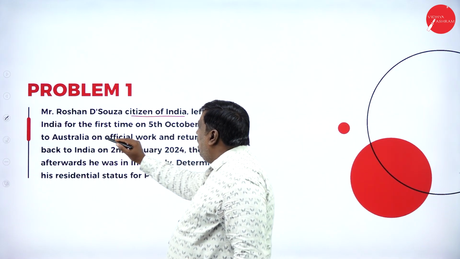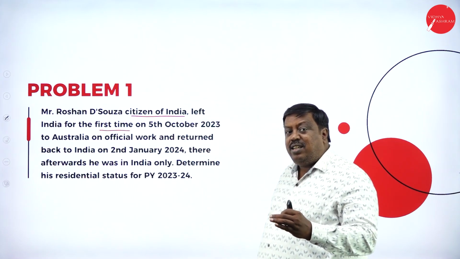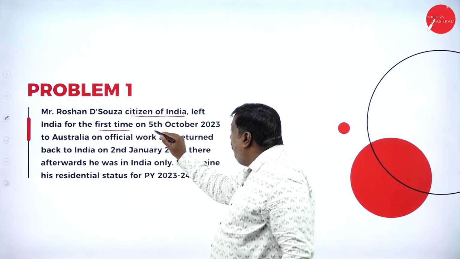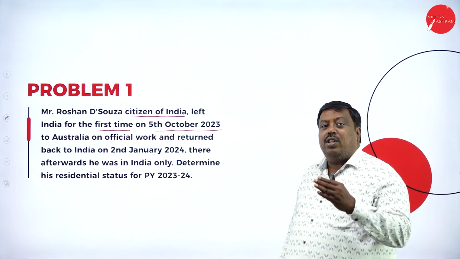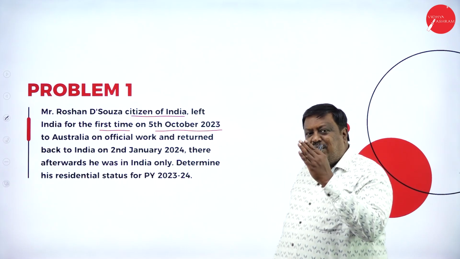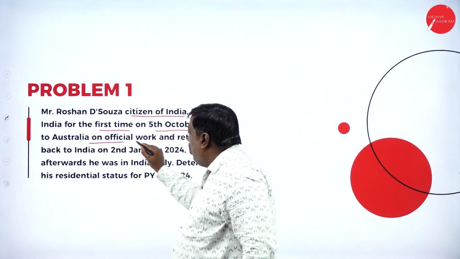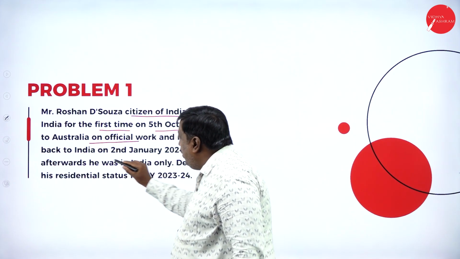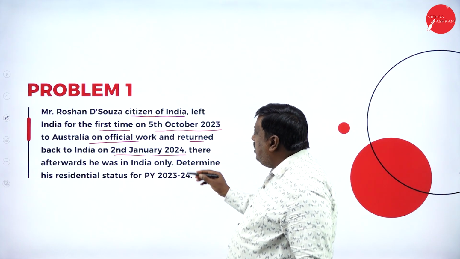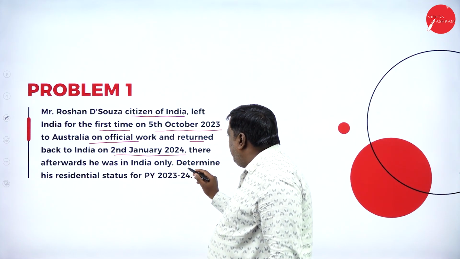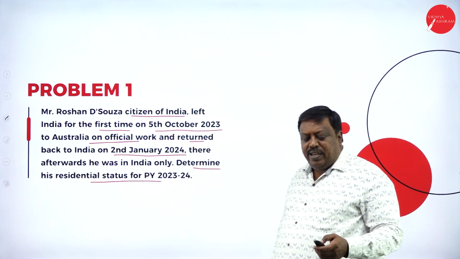He left India for the first time in his life on 5th October 2023. Till 4th October 2023, he was in India only, from his birth. He went to Australia on official work and returned to India on 2nd January 2024. Thereafter, he was in India only. So determine the residential status for previous year 2023-24.